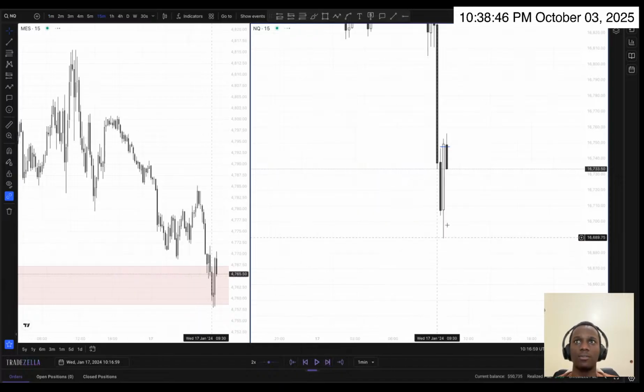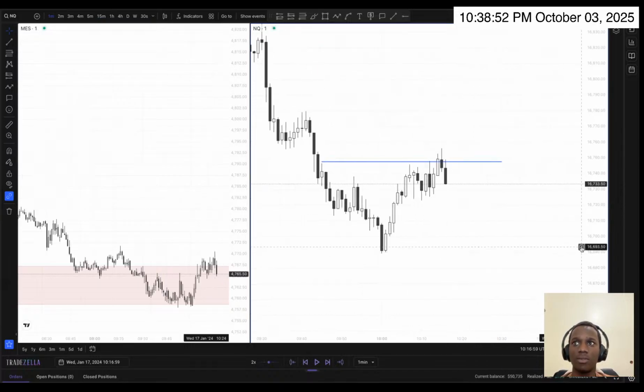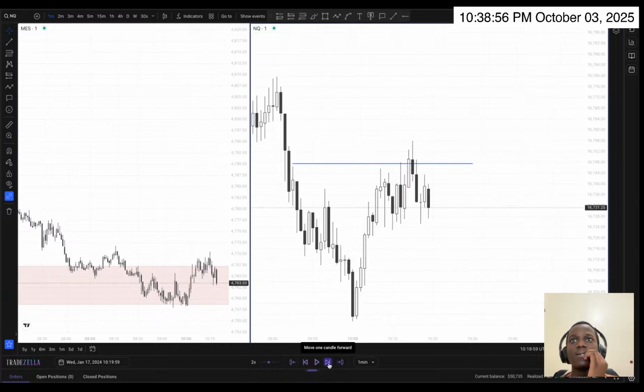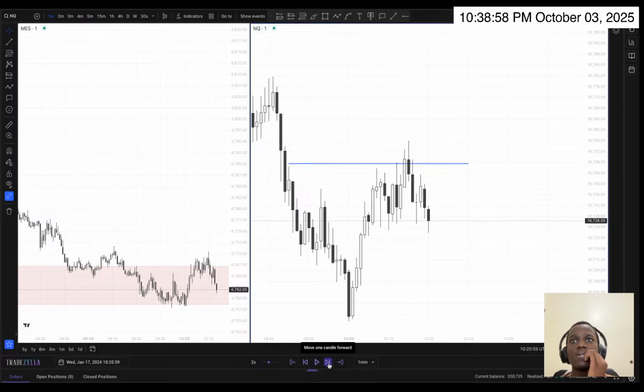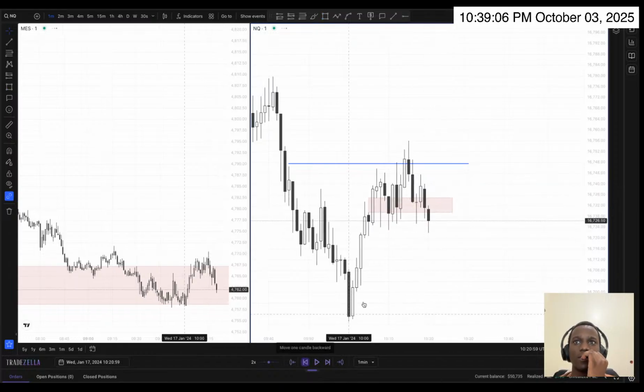So we go up on the 15, you can see it's a retracement into the gap. Now there are no inversions here. Okay, we've created one inversion here. We've closed below it, so ideal entry is on this thing here.